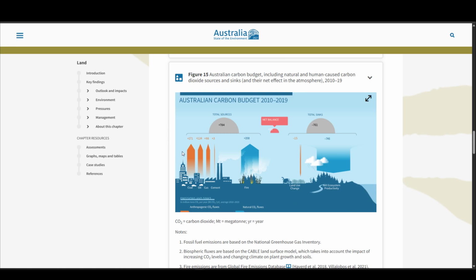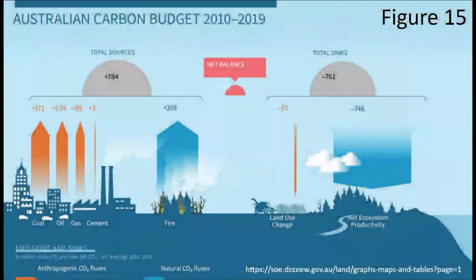You can take from this what you will, but I'll zoom in a little so you can take it in. Have a look. If you don't know what you're looking at, I'm going to help you out.